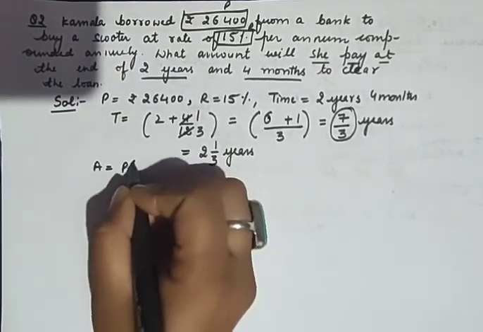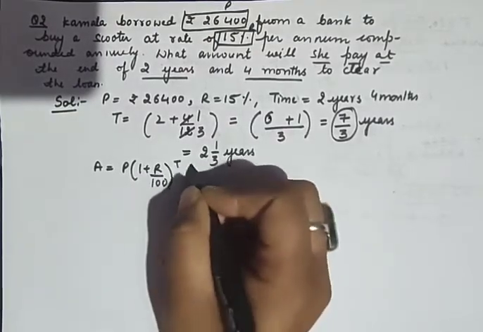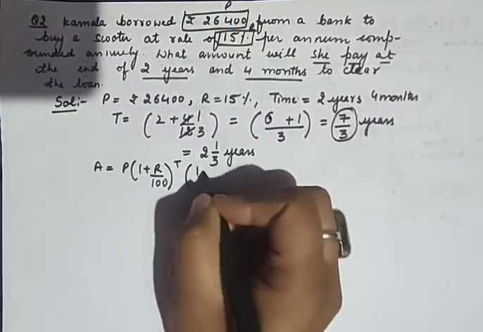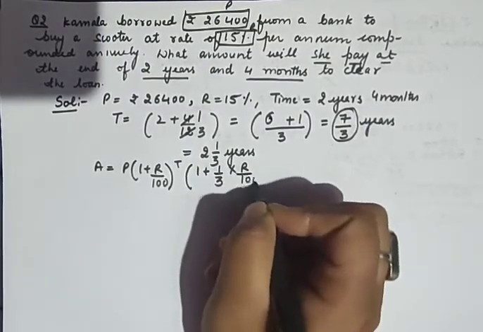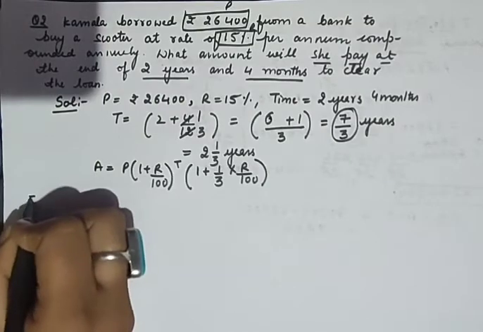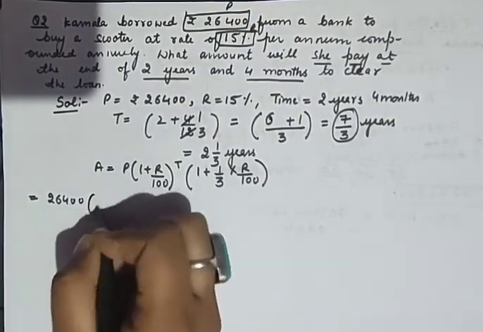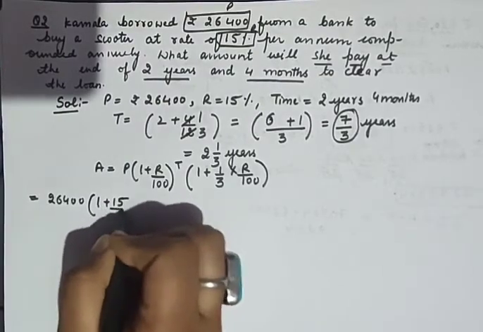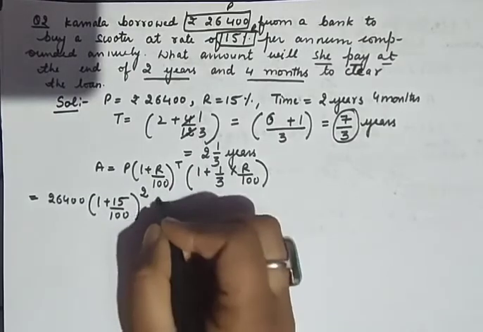Definitely I will be applying my formula, A is equal to P into 1 plus R upon 100 to the power T, and again I will do the same thing as I have done for half year. So I put the value 26,400, 1 plus R, that is 15 upon 100, and here we are talking about 2 complete years, so I put the power 2.